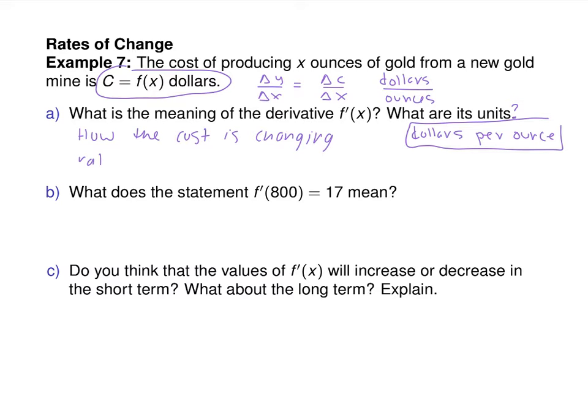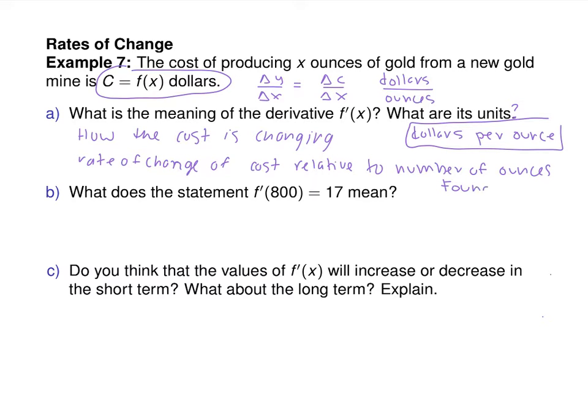Or it's the rate of change of the cost, I guess you could say relative to the number of ounces. I want to say produced, but you don't produce gold, you find it.